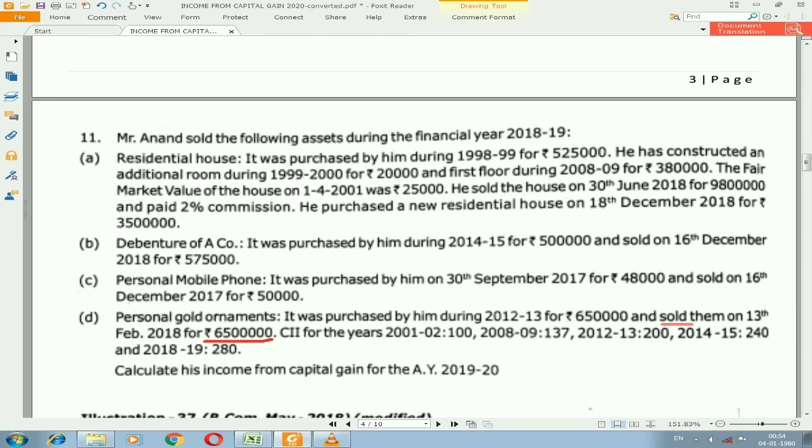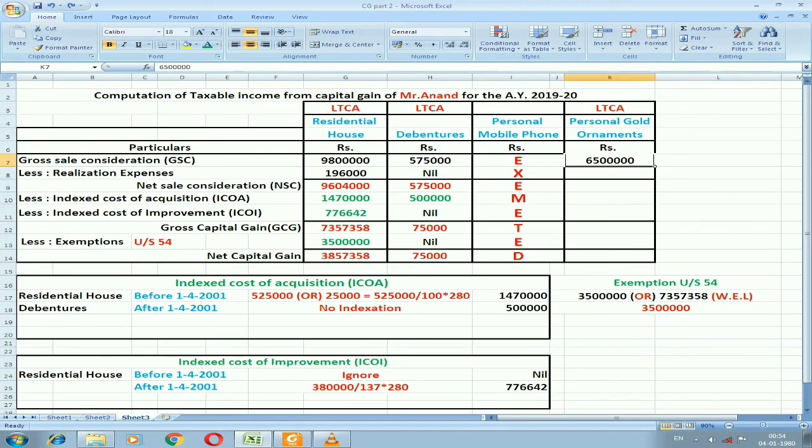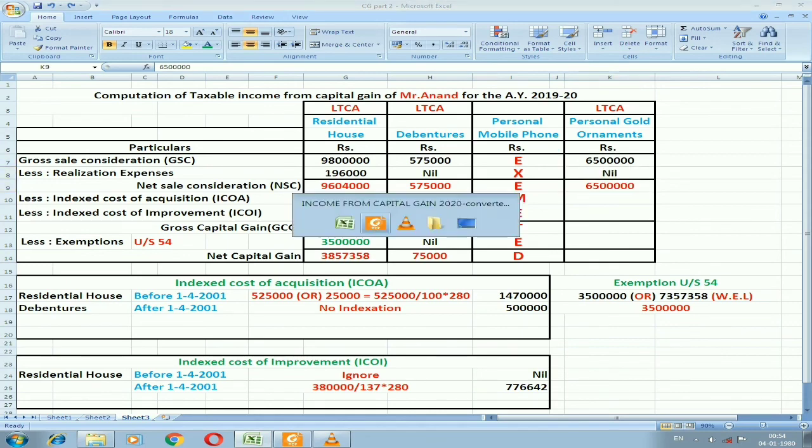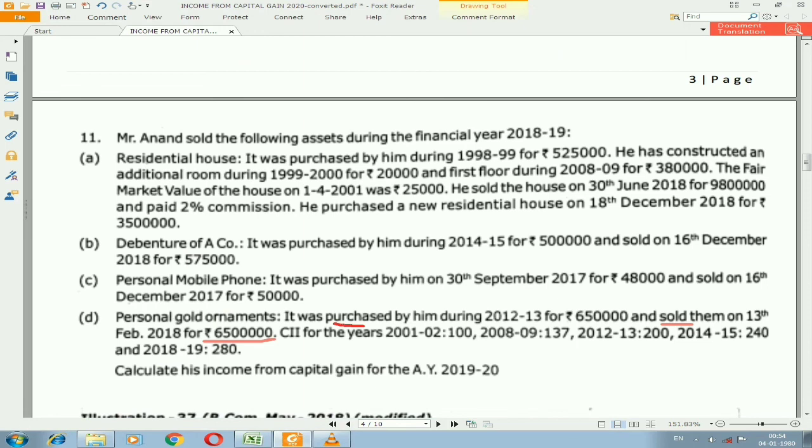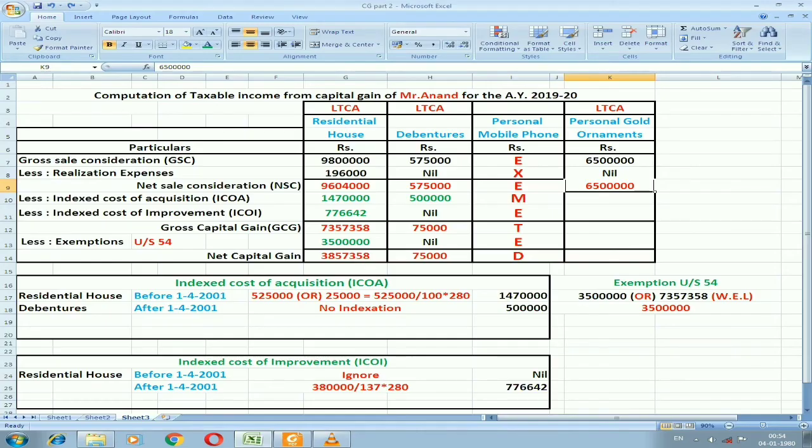Fourth one is personal gold ornaments, which is sold for rupees 65 lakhs, and there is no selling expenses. Then it will be the same for net sale consideration. It is purchased after 1/4/2001 with the amount of 6,50,000. Index number we need to divide by 200, multiply with 280.